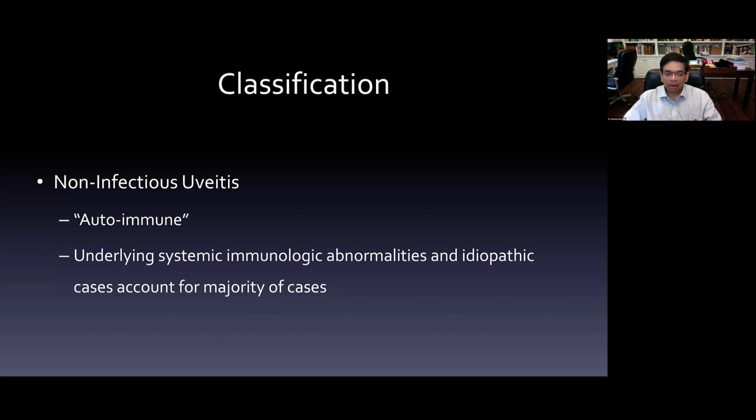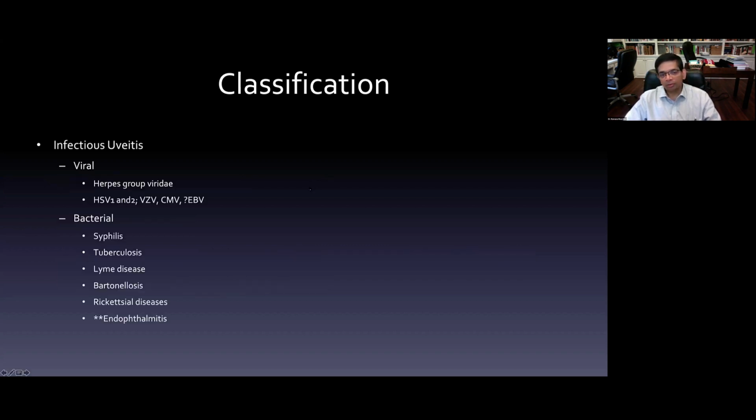And we cannot find any infectious causes, which is the second variety of uveitis. So in my mind, uveitis is either non-infectious or it's infectious. And the infectious groups, we can separate into viral, of course, and bacterial causes. And under bacterial, of course, the major big players that we worry about are tuberculosis.